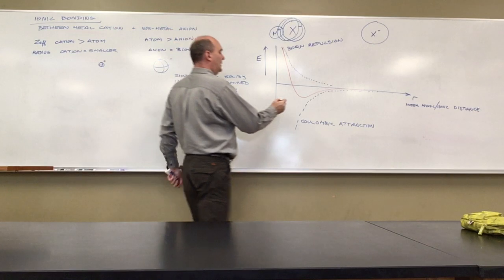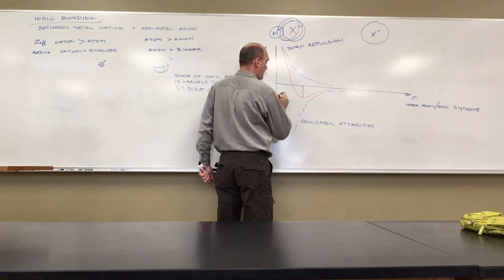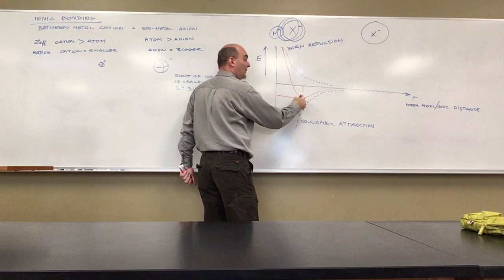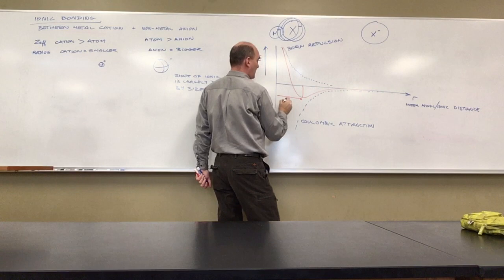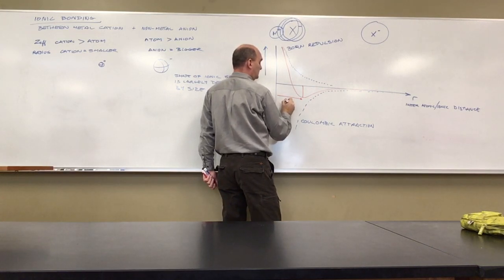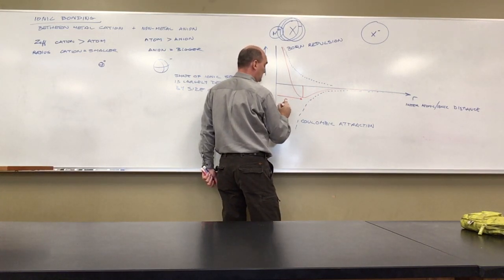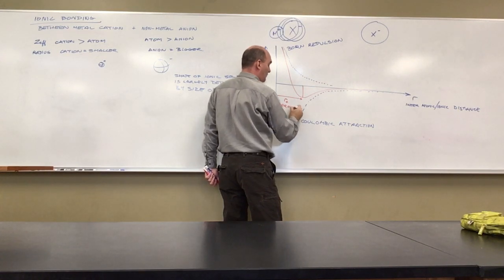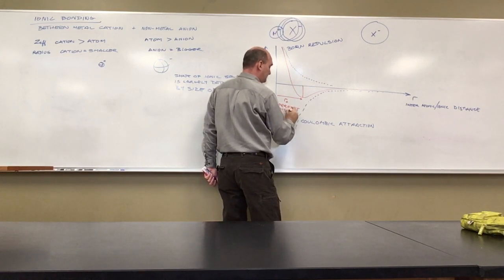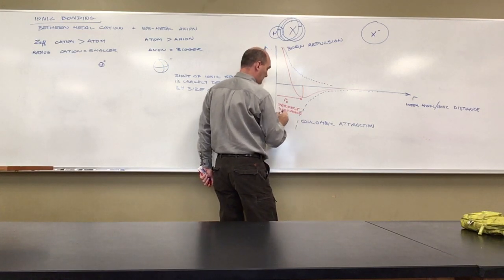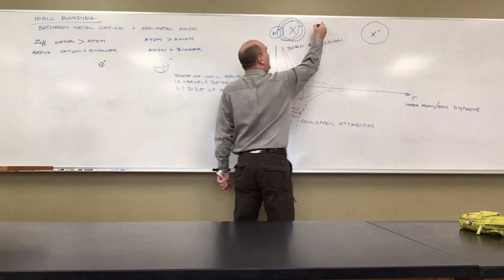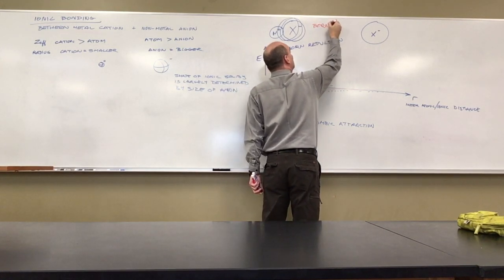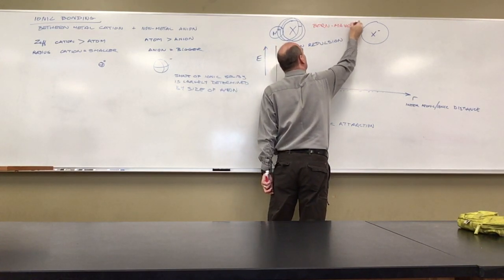This value right here, that is the perfect distance for the ions to be apart from each other. This is called a Born-Meyer diagram.